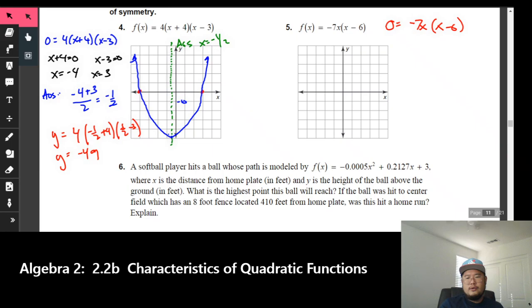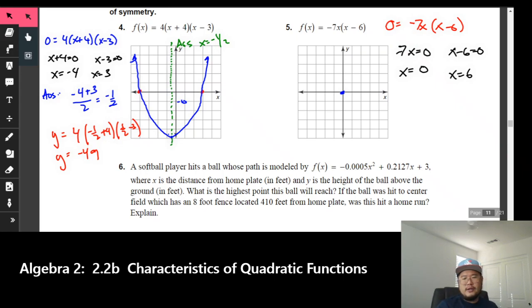First thing I do, I take negative 7x and set it equal to 0. Divide both sides by negative 7. 0 divided by negative 7 is 0. So that right there is one of my intercepts. The second one, x minus 6 equals 0, x is equal to 6. So I have intercepts at 0 and at 6.